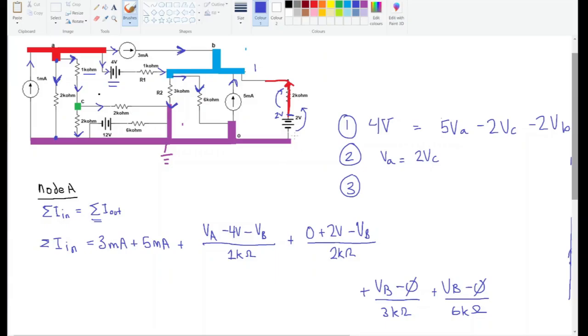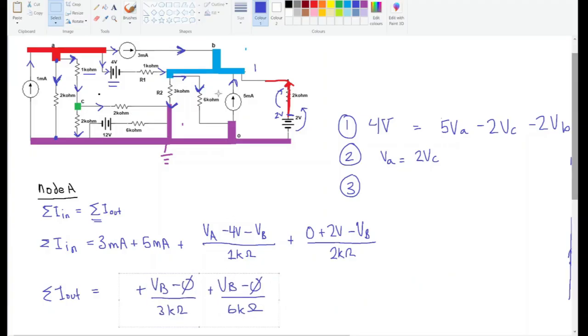Okay, let's just make sure everything is done correctly. Yeah, so this is plus 2 volts because we're going through the battery the correct way. Yeah, that looks right. Okay, so that's all the currents going into node B. Now let's look at the currents leaving node B. So that would be something like this. I'm moving these over because we already did them earlier. So this VB minus 0 over 3 kilo ohms is this current over here.